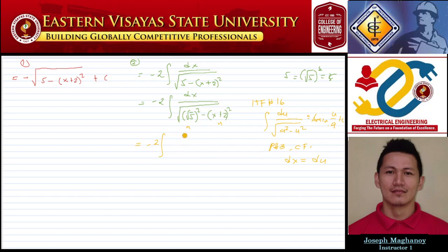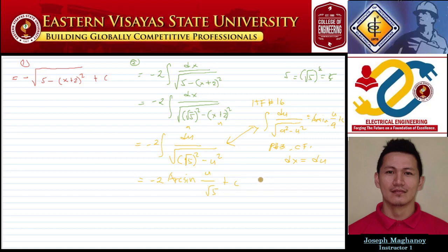Our dx is equal to du over square root of quantity square root of 5 squared minus u squared, so they are aligned and ready for integration. So negative 2 arc sine, what is our u, over our a, square root of 5, plus c.